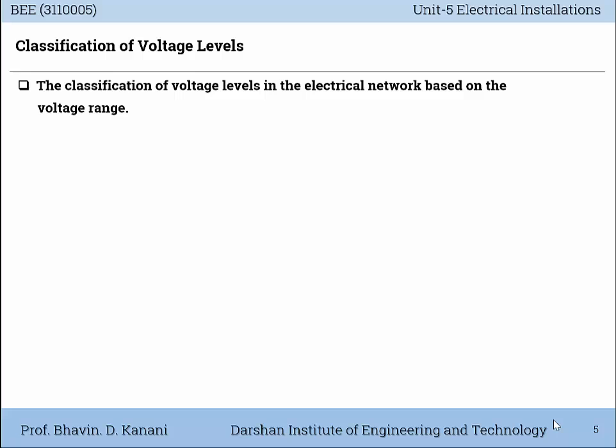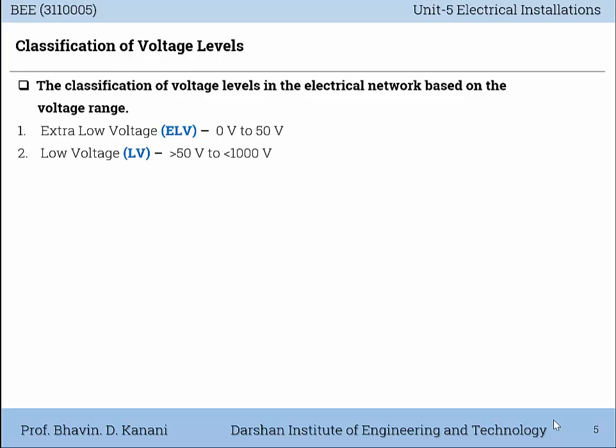Classification of voltage levels. The classification of voltage levels in the electrical network based on the voltage range. The first is extra low voltage, ELV, that is from more than 0 volt to 50 volt. Second, low voltage, that means LV, that is greater than 50 volt to less than 1000 volt.